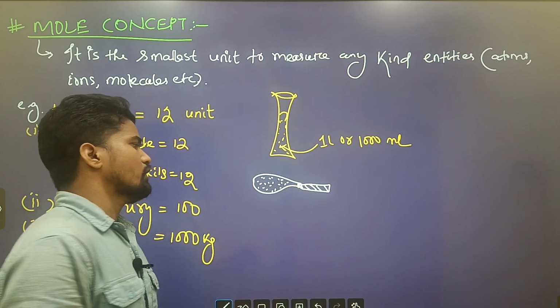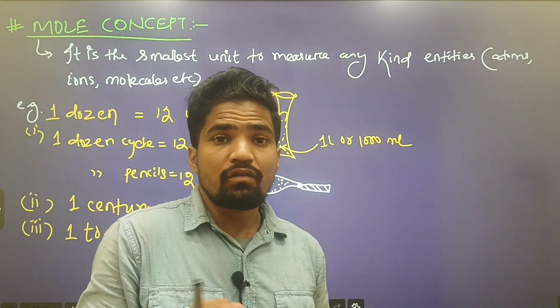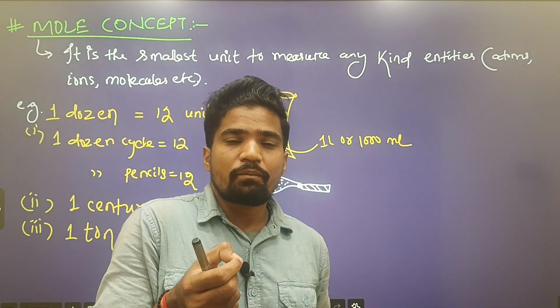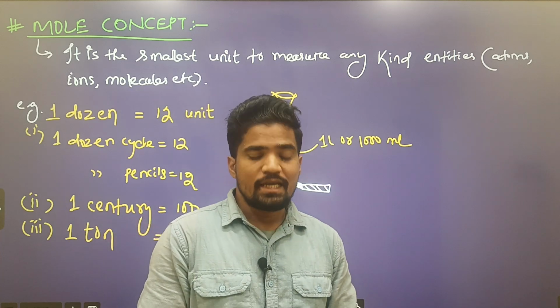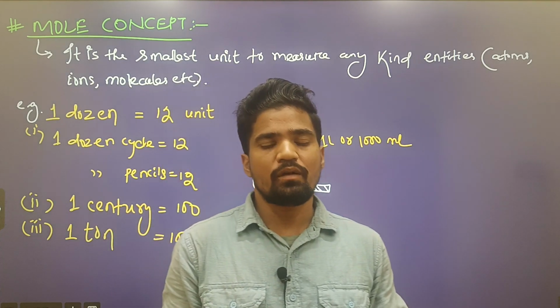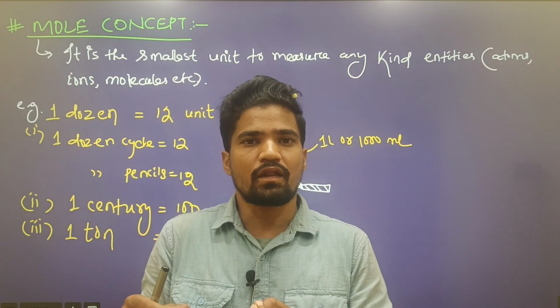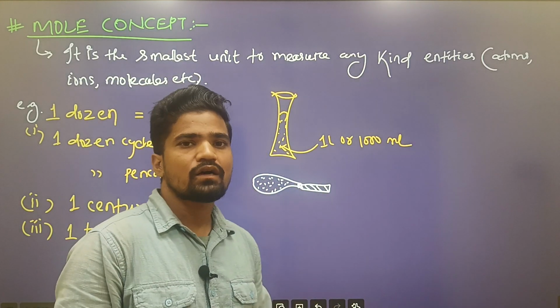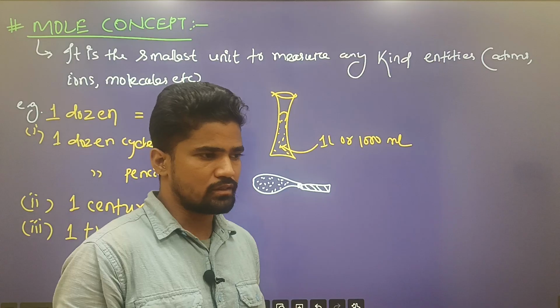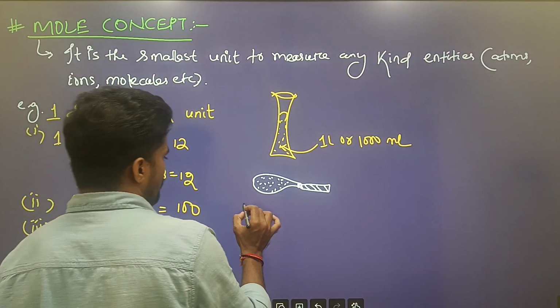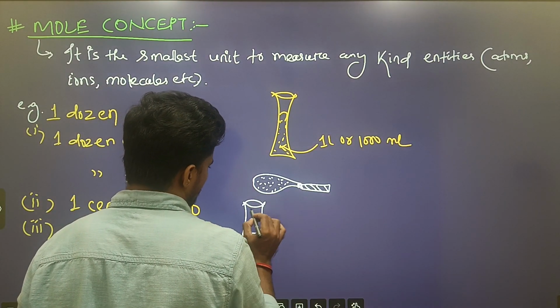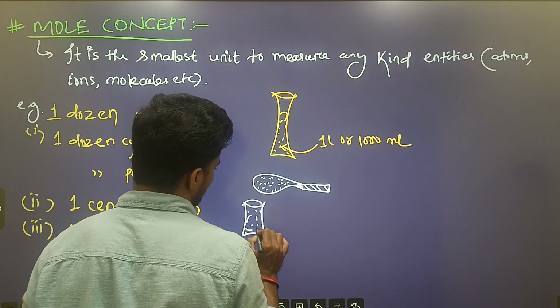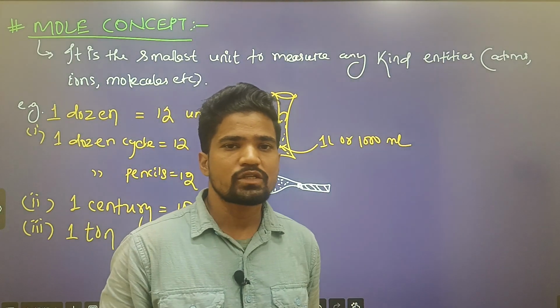If I provide you 1 spoon of sugar and ask how many sugar particles are there, what we have to do is take a plain paper or one plate and count the particles one by one. How much time will it take? Around 10 or 20 minutes. And if I provide you 1 glass of sugar, it will take much more time.